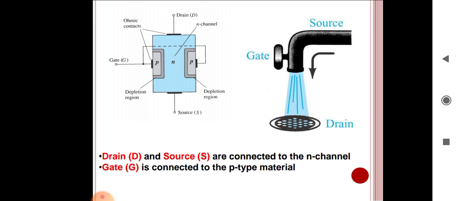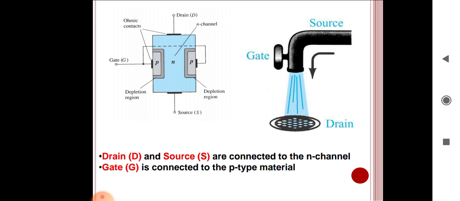Two depletion layers will form: the first near the gate terminal between the left hand side P type semiconductor and the N channel, and the right hand side P type semiconductor and N type semiconductor will form another depletion layer.